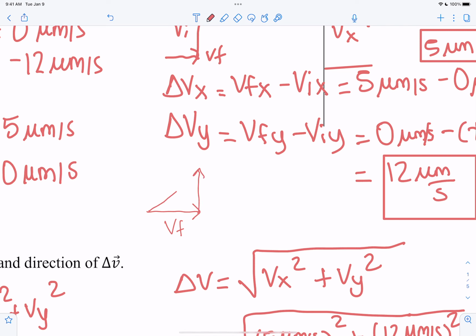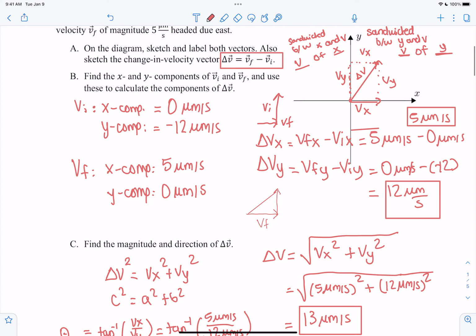Since VI is south, and this is VF to the east, if I want to subtract VI, I have to flip the direction. So I have to go from south to north.